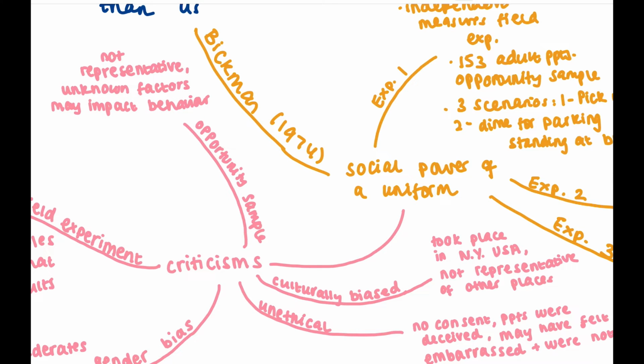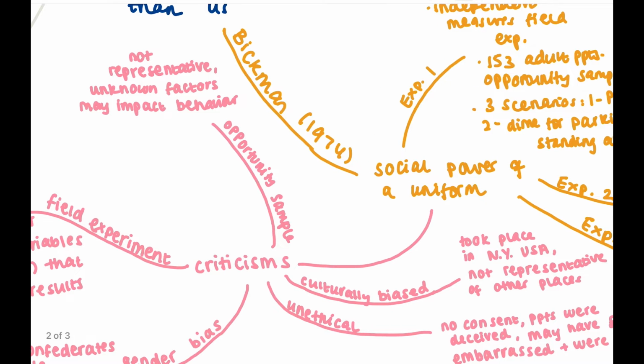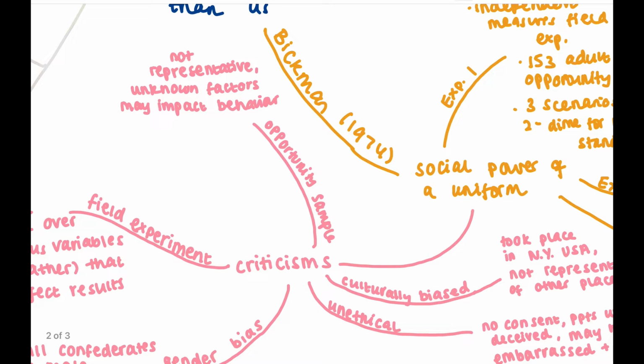For example, one of the participants might have been going to a job interview, in which case they could not have been late, so they might not have obeyed because they had to get somewhere. So because he didn't debrief, we don't know what those unknown factors were, or if anyone did have something they had to get to. Therefore, there are other factors that could have explained behaviour that we are not necessarily aware of.